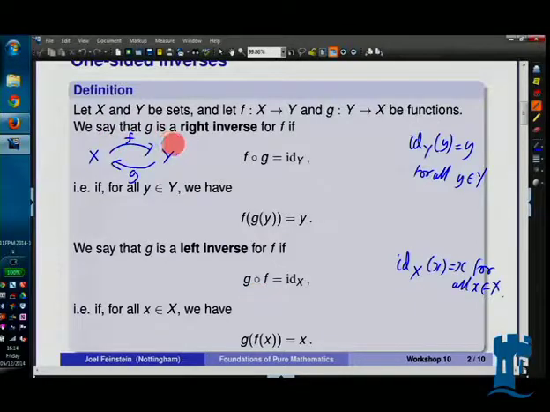So you do F first to take you from X to Y, then you do G, come back to X. And if you come back to where you started, so that you've got the identity map on X, then in that case, G, having been written to the left of F and giving you the identity map, is called a left inverse. So a left inverse doesn't have to be a right inverse, and a right inverse doesn't have to be a left inverse in general.